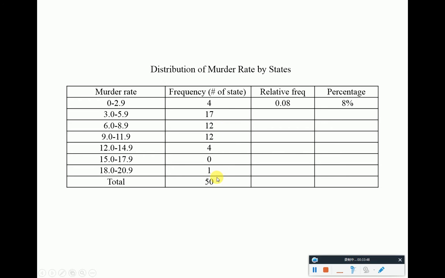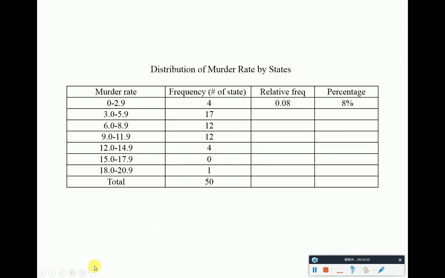And the total amount of observations is 50 because we have 50 states. Each state provides a number, so we have a total of 50 occurrences or 50 observations. So then it's a very easy matter to convert these absolute frequencies to relative frequency and then to percentages.